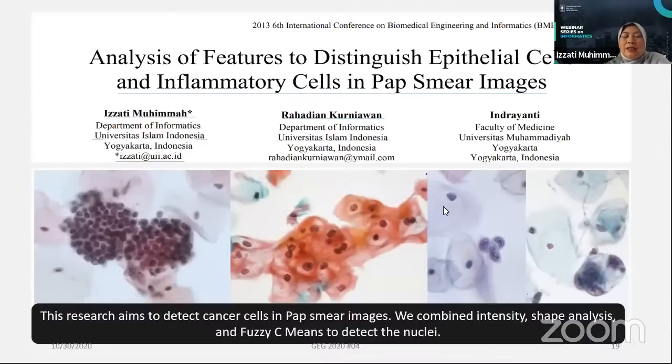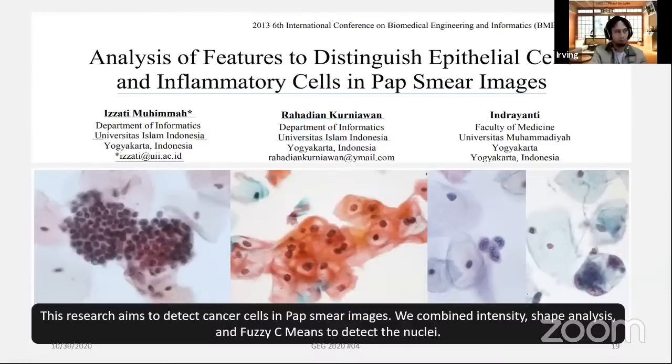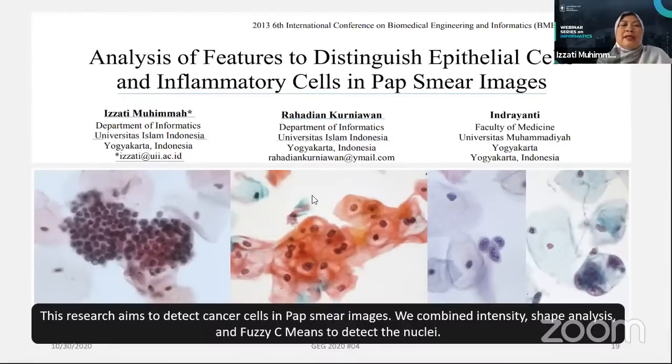So that's the idea. We have to classify the cells. Before that, we have to count, because in every group of cells there is a certain quantity that needs to be checked to do the quality assurance. But the challenge is like this. These beautiful images are not from Indonesia.